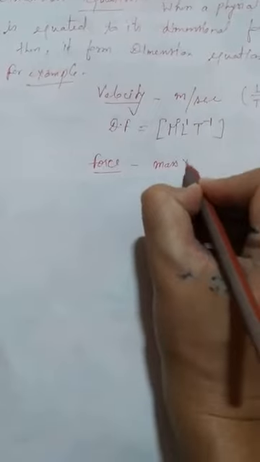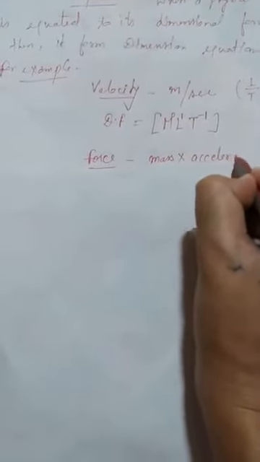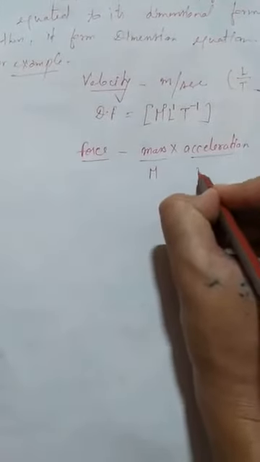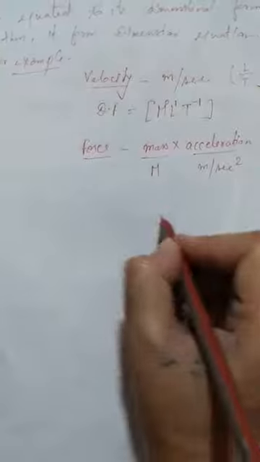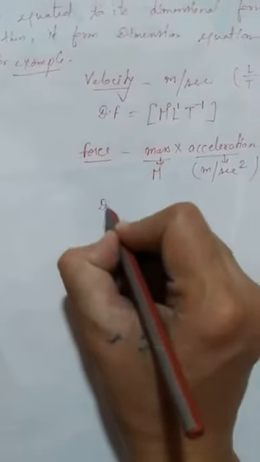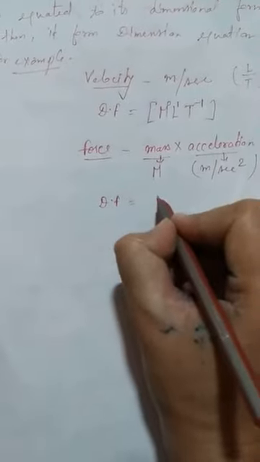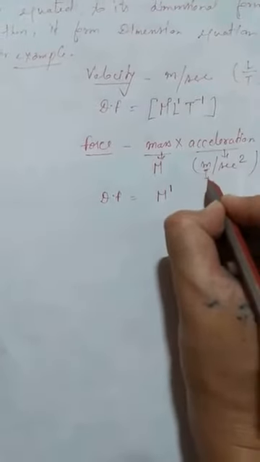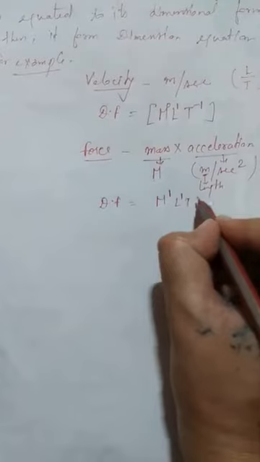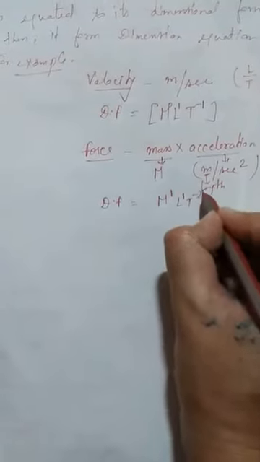Understood? Now another example, force. We know that force equals mass into acceleration, F equals ma. Mass we write as m, and acceleration is meter per second square, which is the SI unit of acceleration. Now taking the dimensional formula, mass is M1, meter is length so L1, second is T, and since it is divided, we take -2.